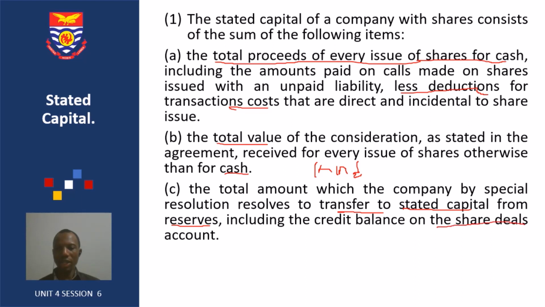So these are the three components: cash less deductions, like transactional costs, amount received in kind, and transfer from reserve and the present sum of the share premium account. These are the components of stated capital.